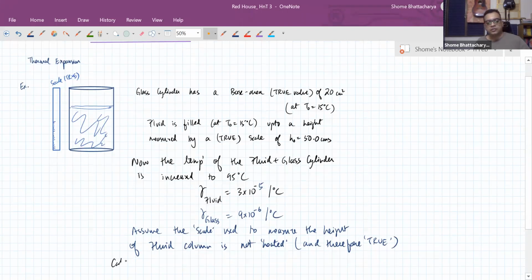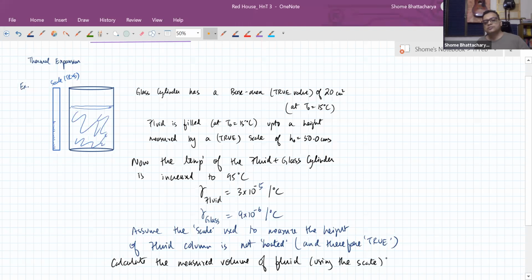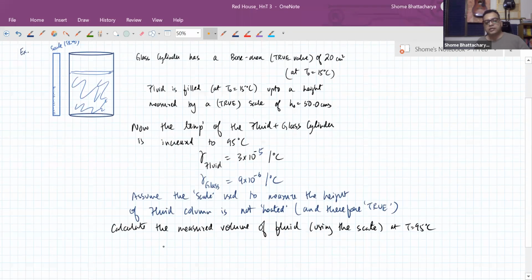So calculate the measured volume of fluid using the scale at 95 degrees C, and calculate the percentage error in the measurement.